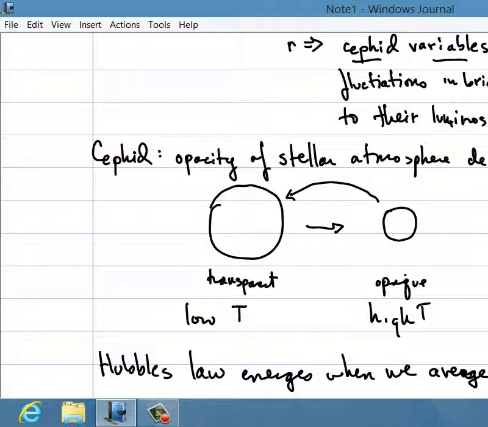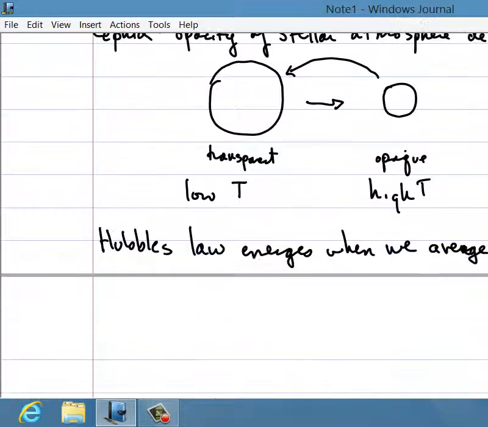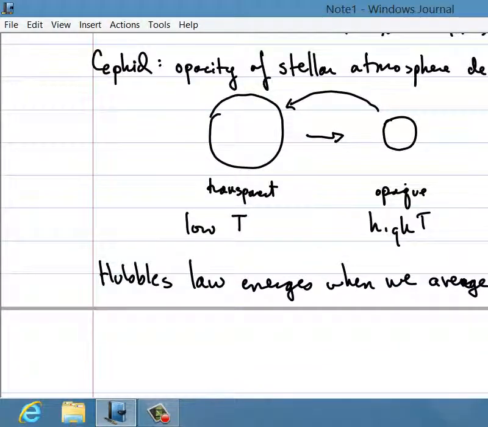Each galaxy, in addition to having some velocity with respect to us due to the expansion of the universe, may also have some so-called proper velocity of its own due to just the way that galaxies are moving throughout space. So for example, just as planets orbit around a sun and the sun is orbiting around the galactic center, many galaxies form in clusters where they're all orbiting around one another.